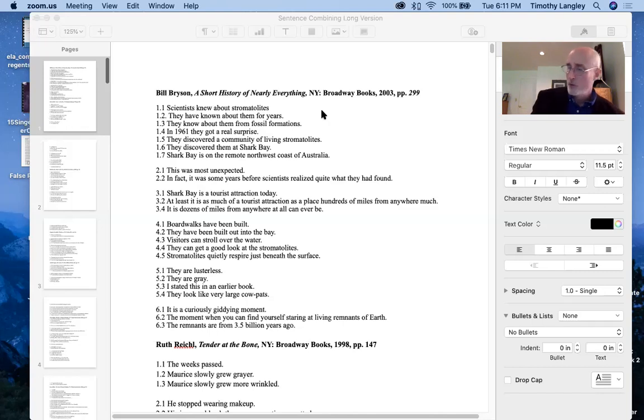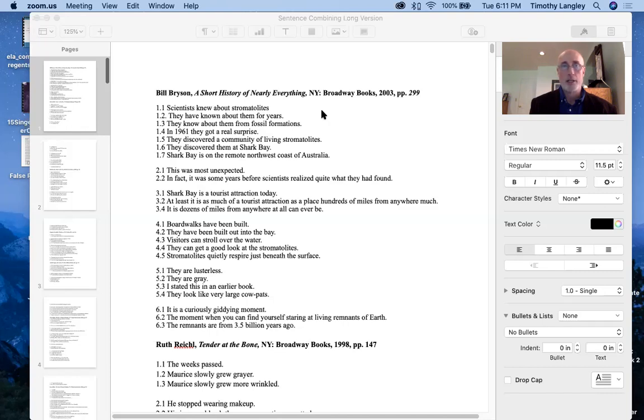All right, I'm going to give you an idea here. Here's probably what I would have done. Scientists knew about stromatolites, comma, and so I got my conjunction word and, comma, and they have known about them for years by studying fossil formations.